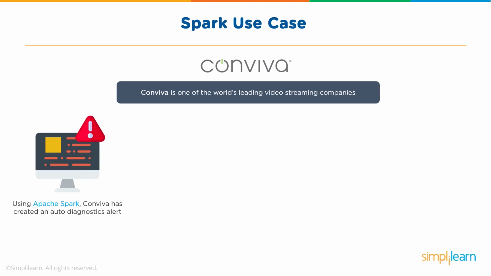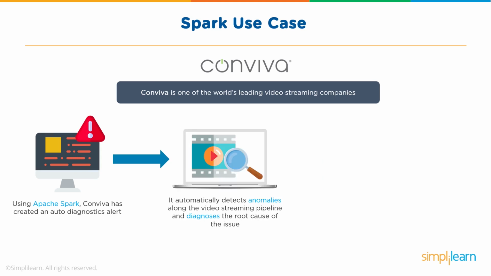Now, using Apache Spark, Conviva has created an auto diagnostics alert. It automatically detects anomalies along the video streaming pipeline and diagnoses the root cause of the issue. Now, this really makes it one of the leading video streaming companies based on auto diagnostic alerts. It reduces waiting time before the video starts.